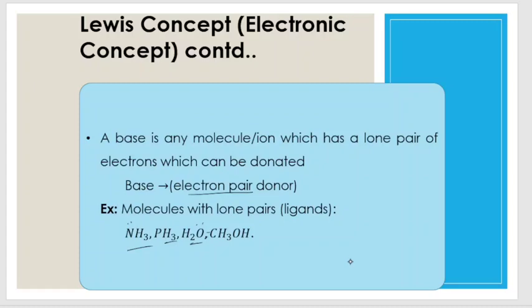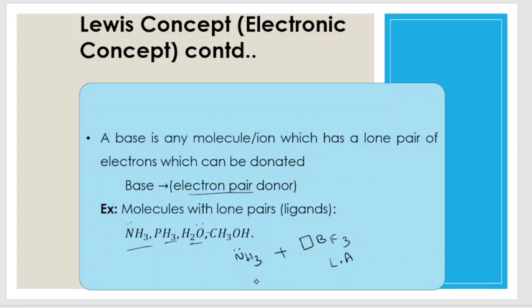So here, if we consider the Lewis acid like BF3, it has a vacant orbital, and if we consider the Lewis base like NH3, it has a lone pair of electrons. We know already what type of bond is formed between these two, right?